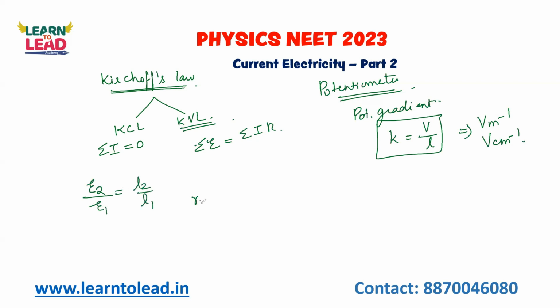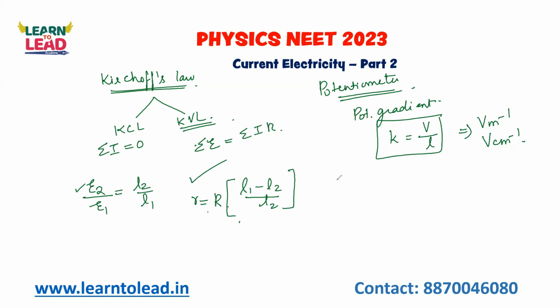To find the internal resistance in the case of potentiometer, r is equal to R, the external resistance, into L1 minus L2 divided by L2. So these are the formulas you should know: potential gradient, comparing the EMF of two cells, and finding the internal resistance of a cell.